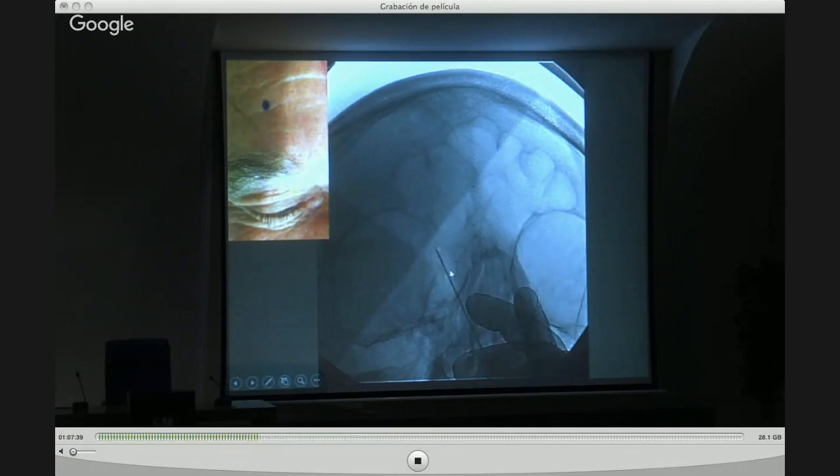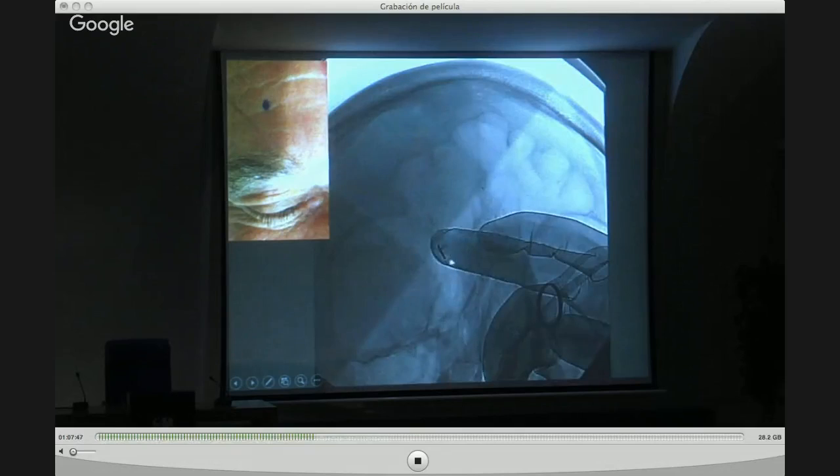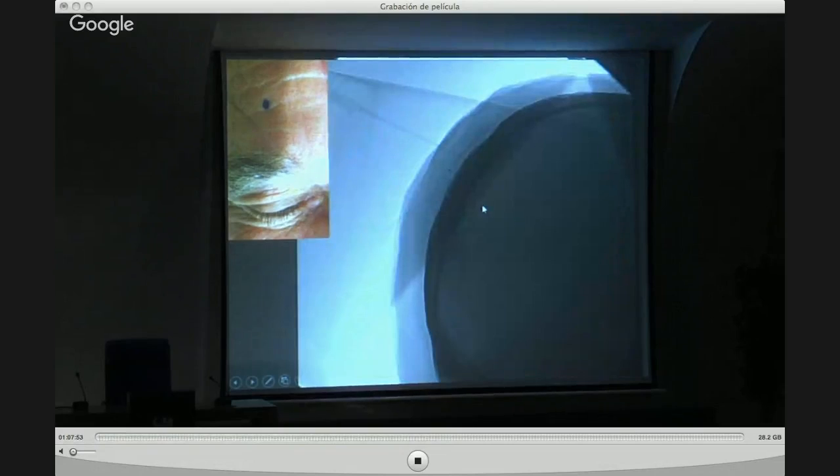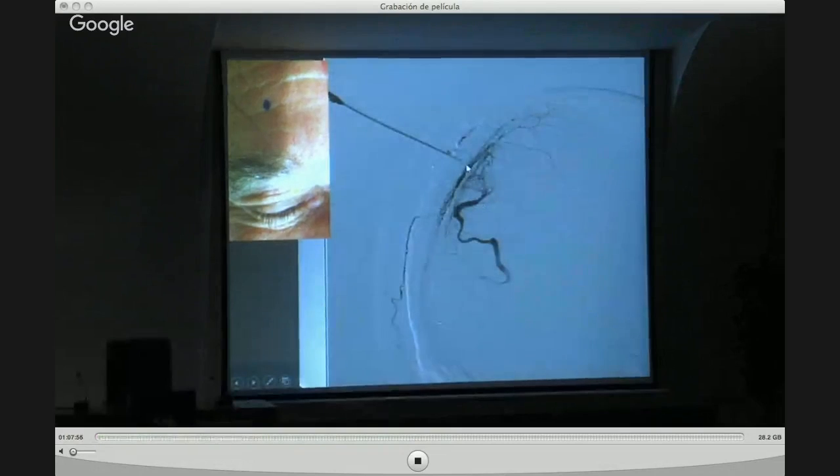In this orthogonal projection, we can check the angulation of the needle, keeping the needle in the middle of the hole. And once you have the needle stable, you can move to the lateral view in order to check the inner table, in order to avoid crossing this point, as you can imagine.